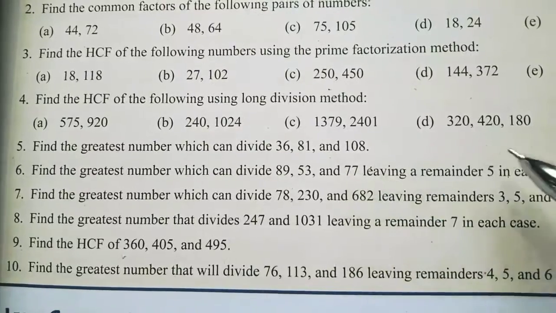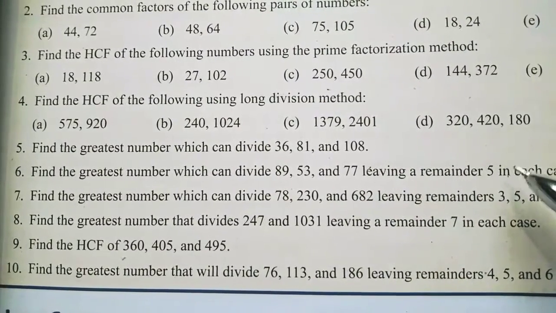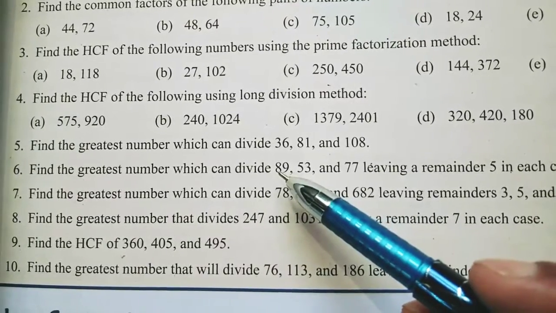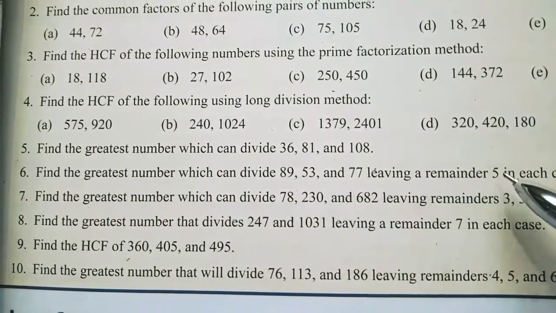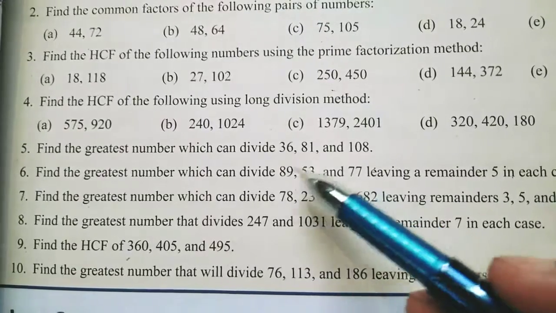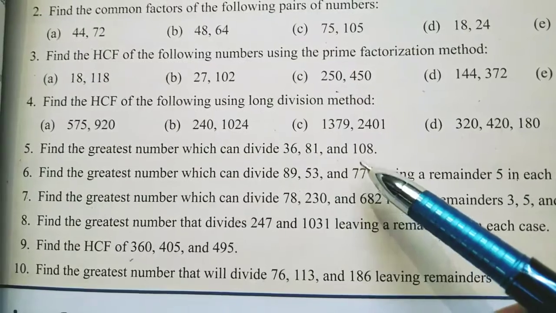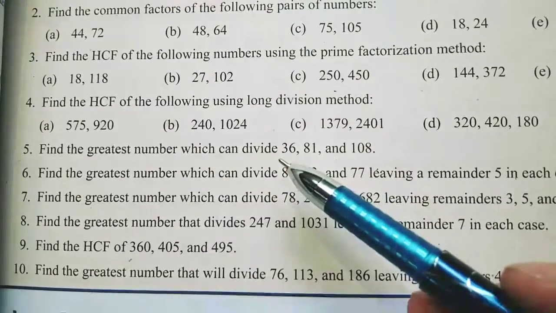So what will we do with this remainder 5 now? First of all, you have to subtract 5 from every number, because 5 is the remainder for every number. Then you have to find the HCF of those numbers. Let's do it.